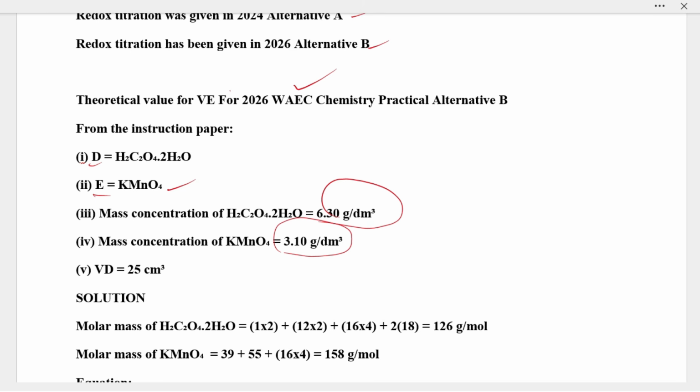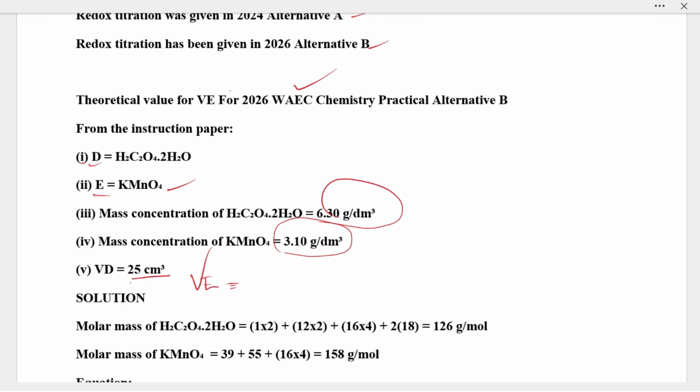Your volume of D will be the volume of the oxalic acid, and in this particular practical, your volume of D is not going to be inside the burette. Your volume of D is going to be inside the pipette, because there are a lot of things you are going to do on that, while your volume of E will serve as the supposed acid.